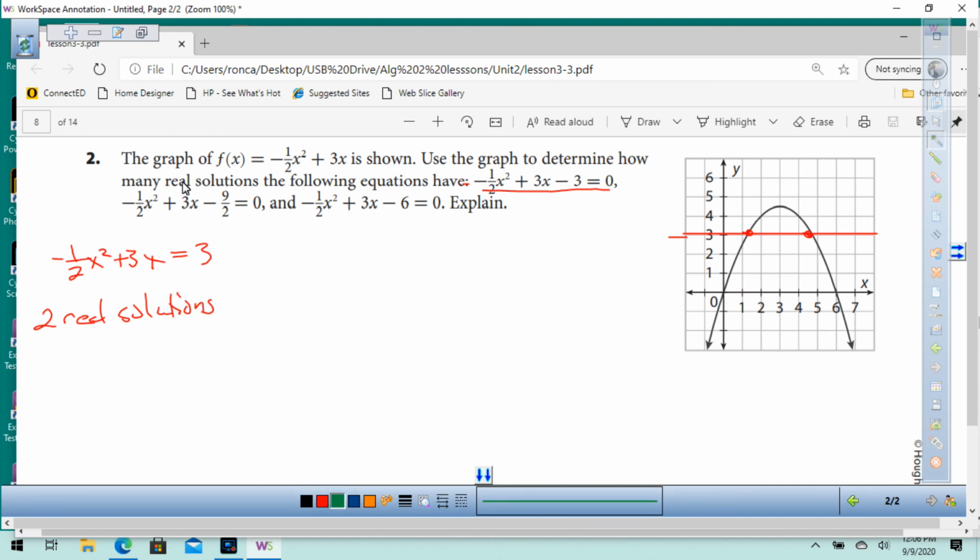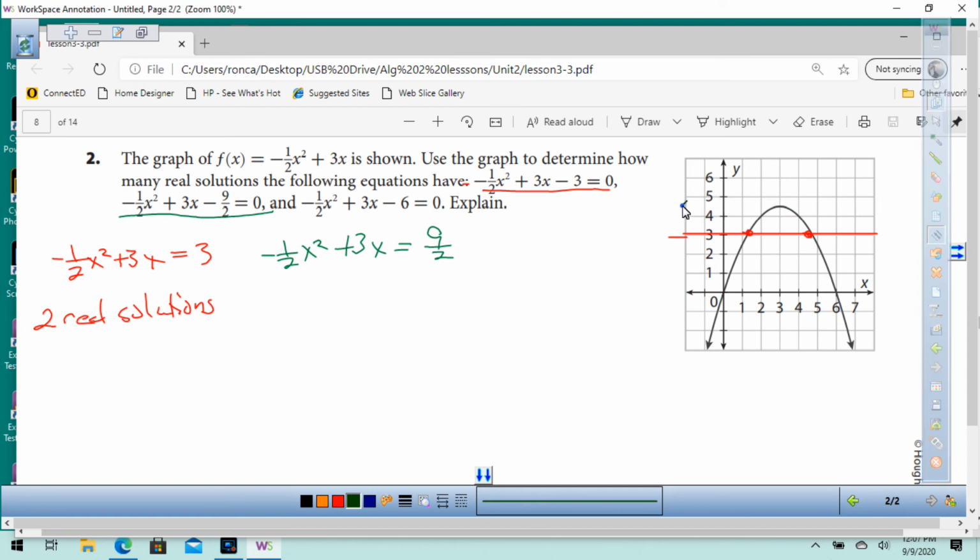And let's try this next one here. Alright, so we're going to add 9/2 to both sides. We got negative 1/2 x squared plus 3x equals 9/2. Well, let's see, that's going to be like 4.5. 9/2 is about 4.5, so let's go here.